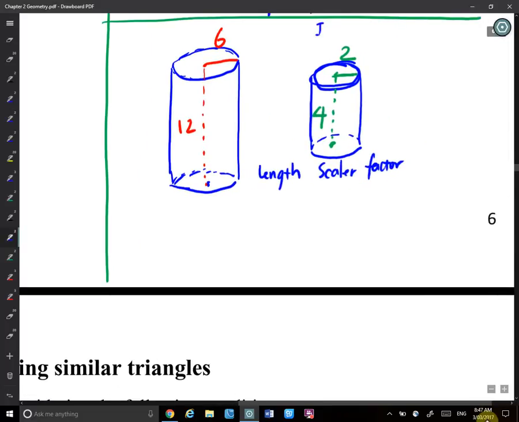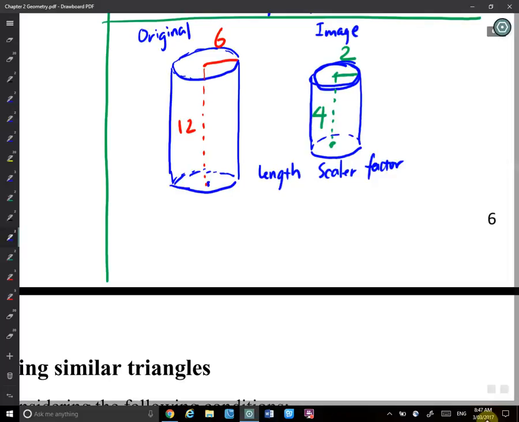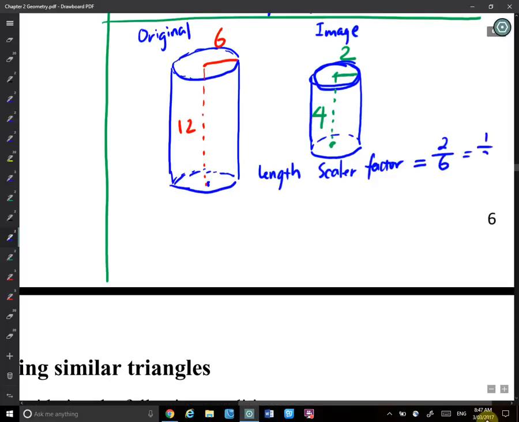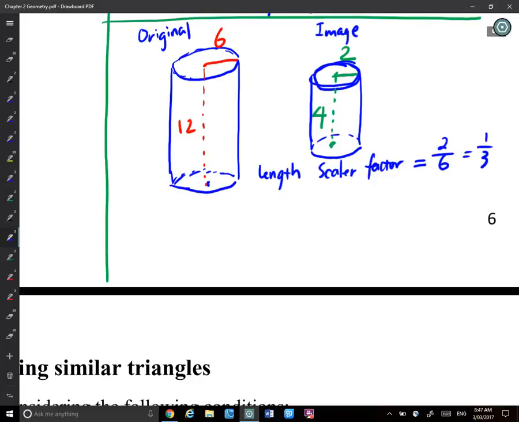Let's say the front one is the original, the second one is the image. The length scale factor will be 2 on 6, and that will give you 1 on 3.